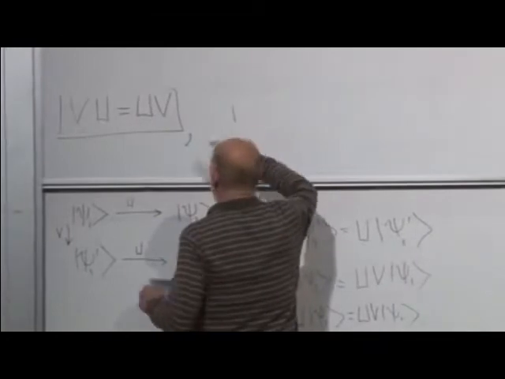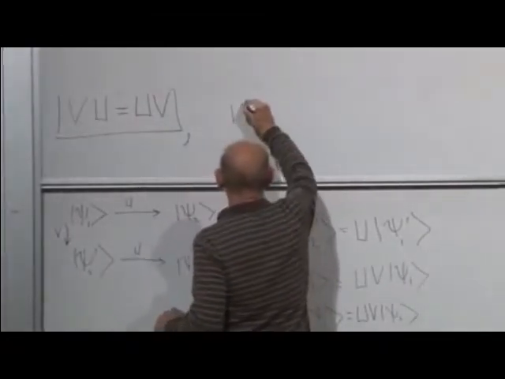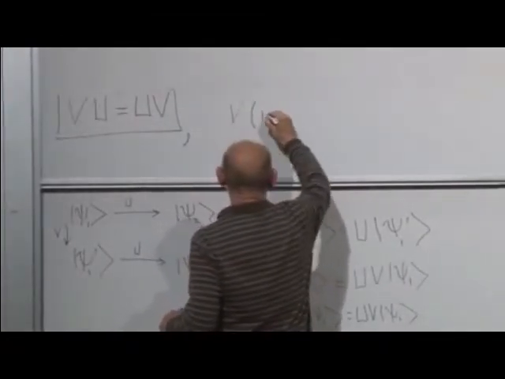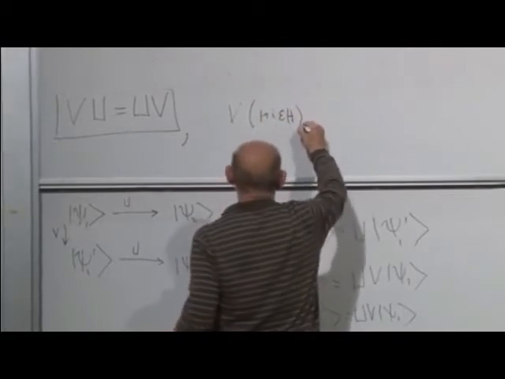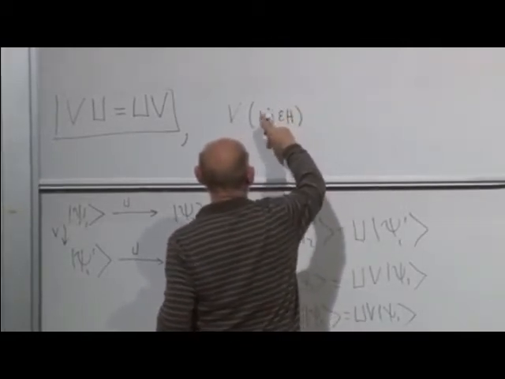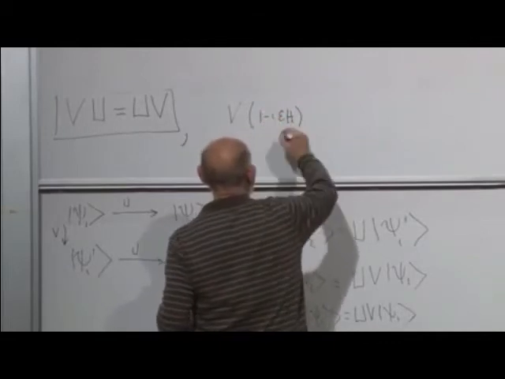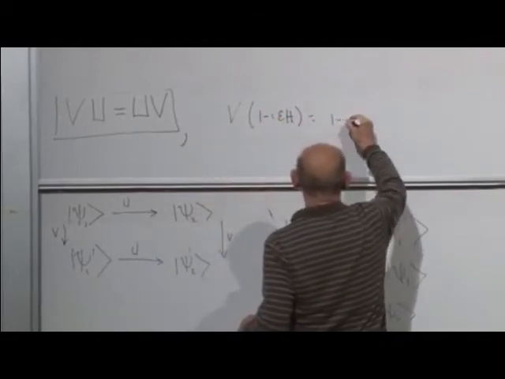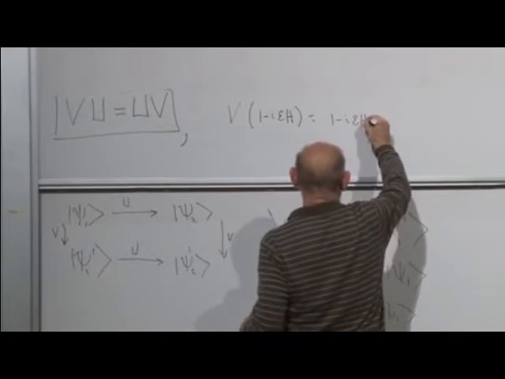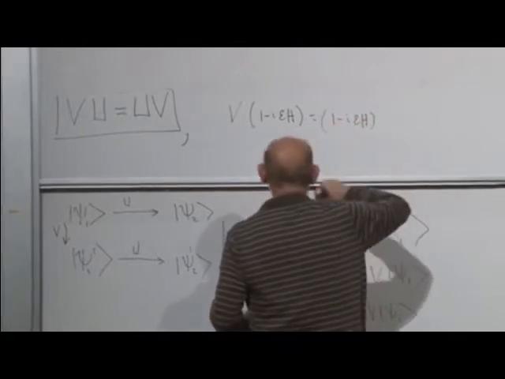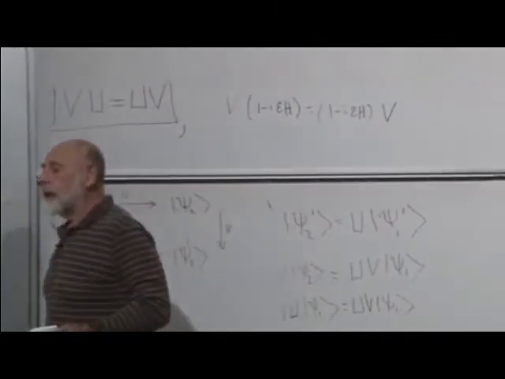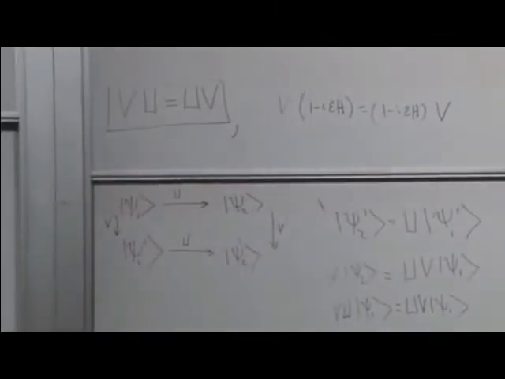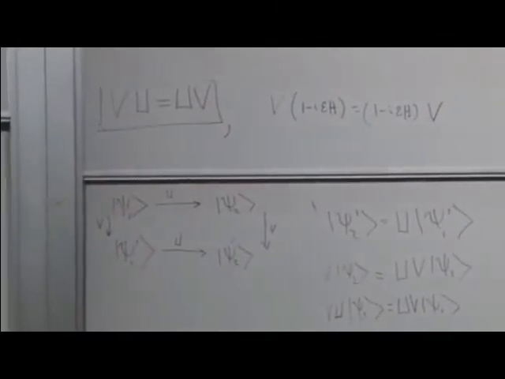This says that v times 1 minus i epsilon h is equal to 1 minus i epsilon h, this is the first order again, times v. I'm just expanding it out. The first order is good enough. It gives us everything we really want to know.